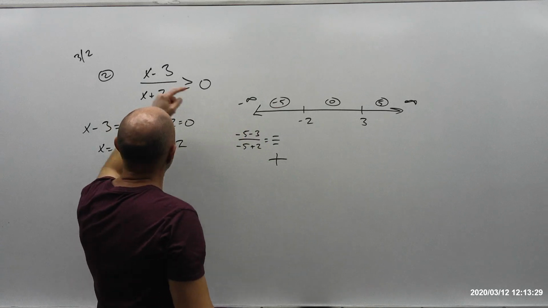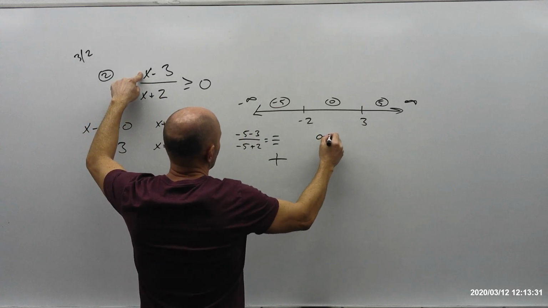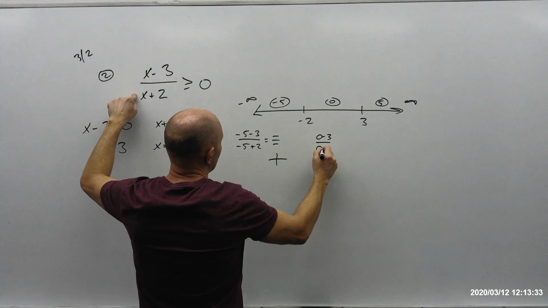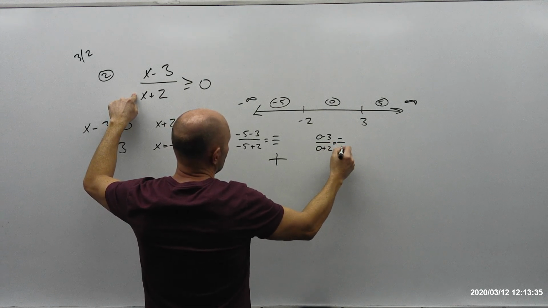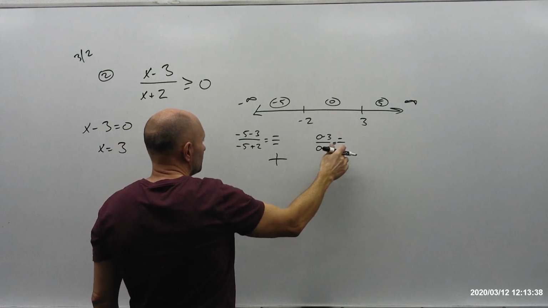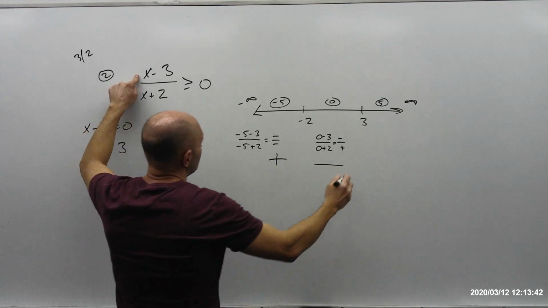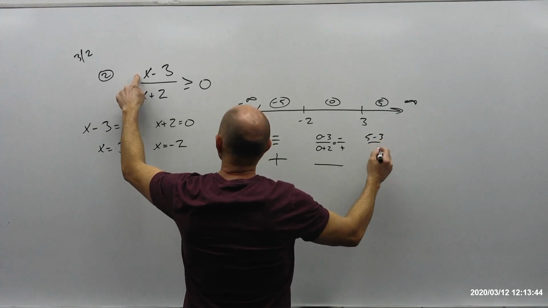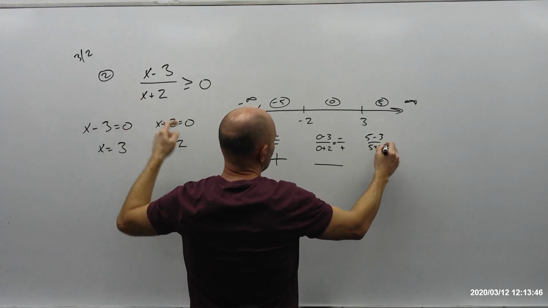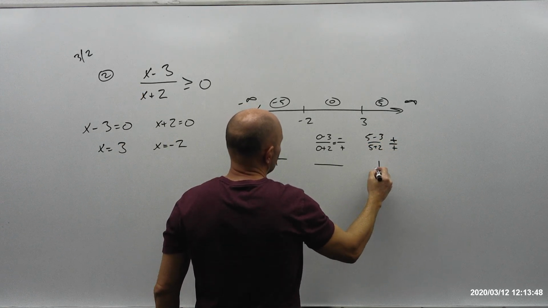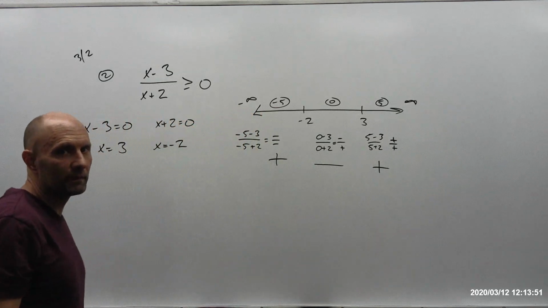If I plug in 0, I get (0 minus 3) over (0 plus 2), a negative number over a positive. Negative divided by positive is negative. And plug in 5, (5 minus 3) over (5 plus 2), that's positive over positive, which is positive.